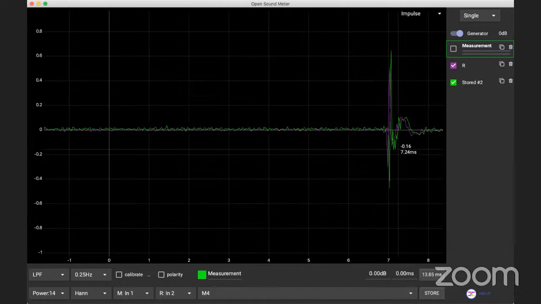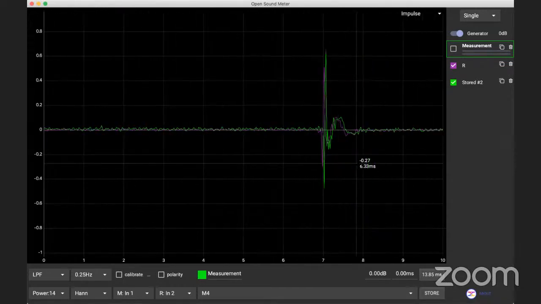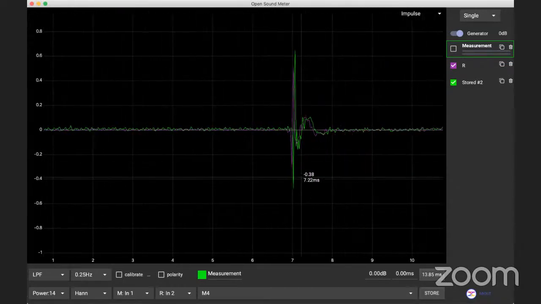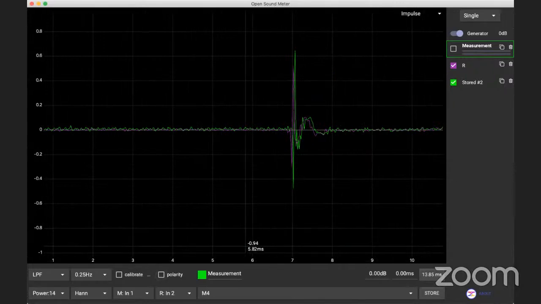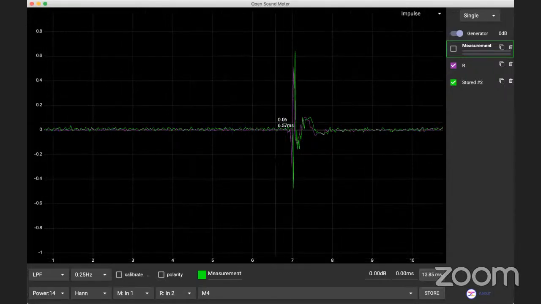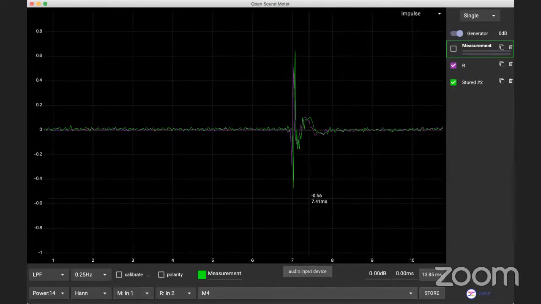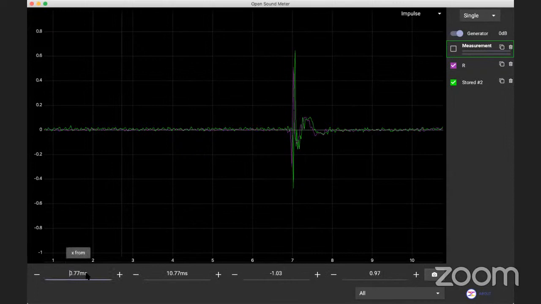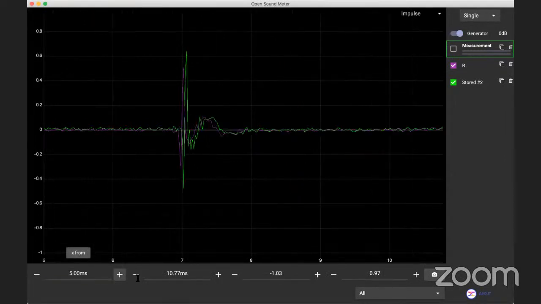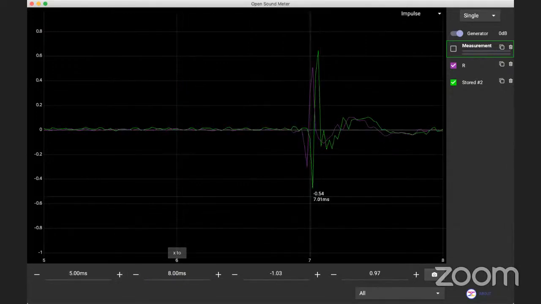Okay, so if you see this here, there's a tiny bit of difference. I'm going to zoom into this section, from 5 milliseconds to about 8 milliseconds. Can you see this?